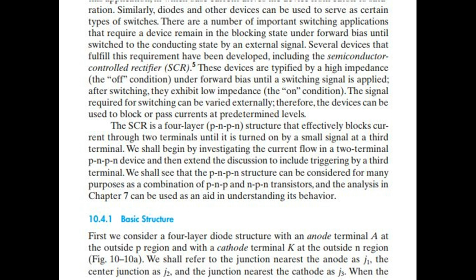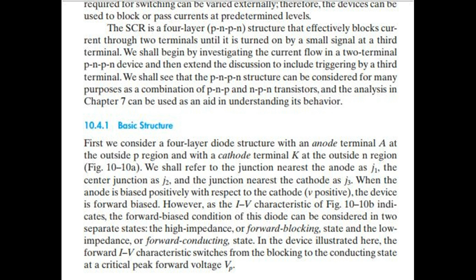Basic structure. First we consider a four-layer diode structure with an anode terminal A at the outside P region and with a cathode terminal K at the outside N region, Fig 10.10a. We shall refer to the junction nearest the anode as J1, the center junction as J2, and the junction nearest the cathode as J3. When the anode is biased positively with respect to the cathode, V positive, the device is forward biased.